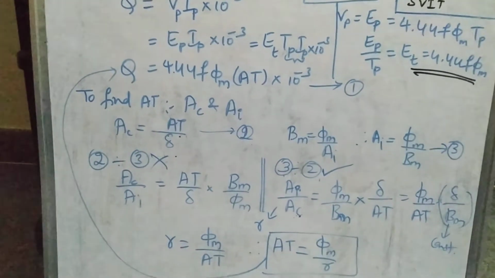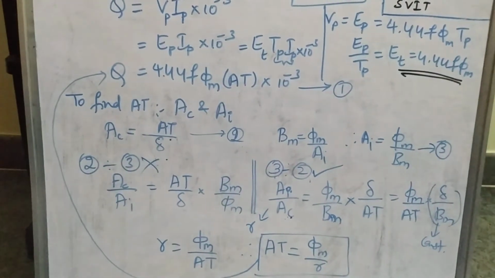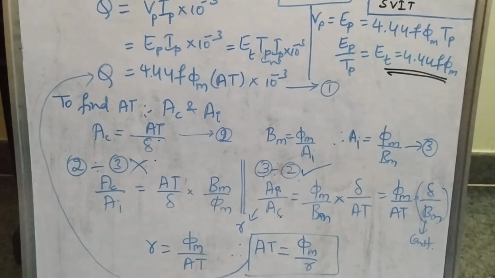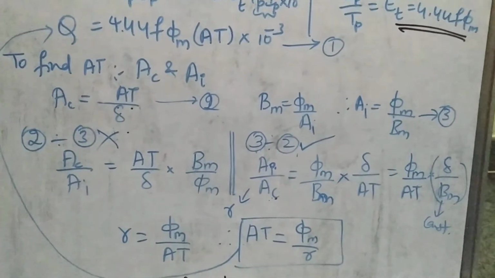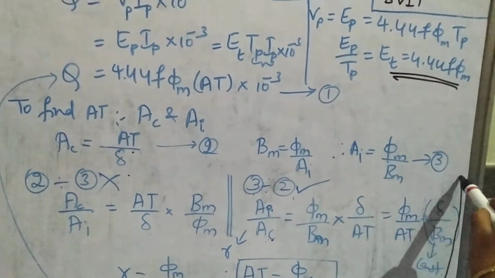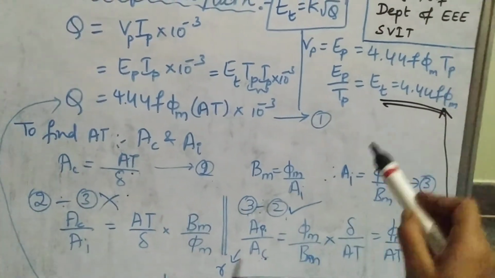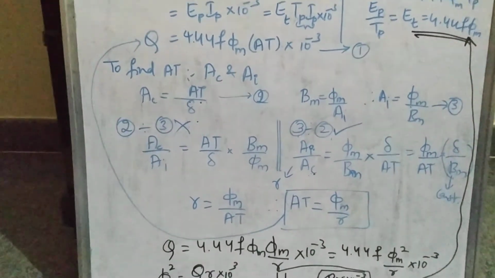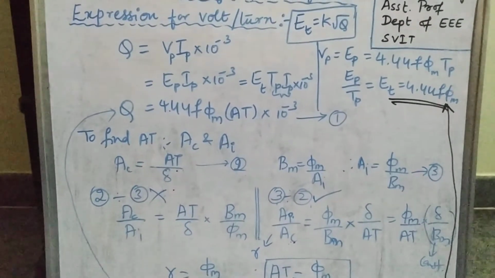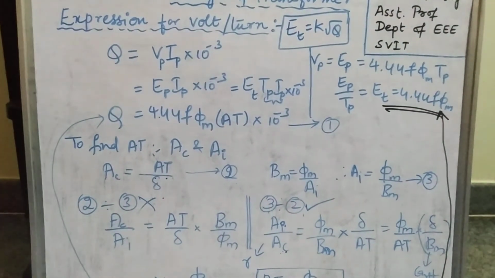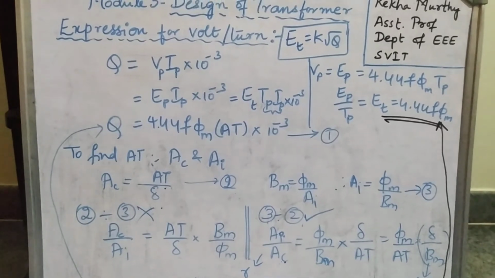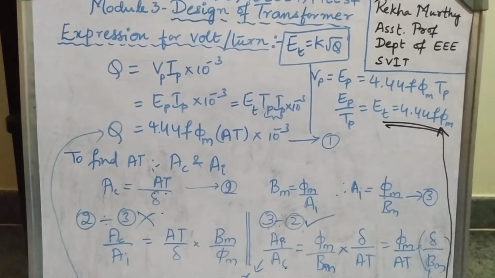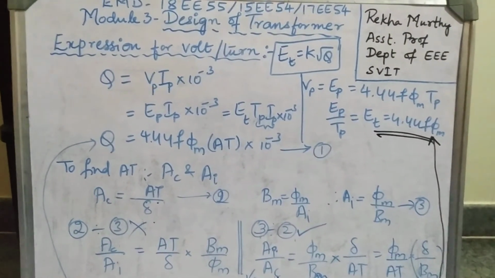So Et is equal to 4.44 F into psi m. Then you will substitute this flux expression that you got here into the simple equation. Which is that simple equation? The simple equation of EMF per turn, that is 4.44 F into psi.